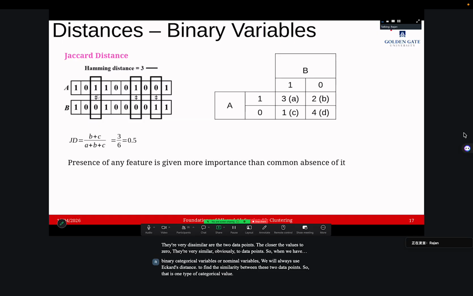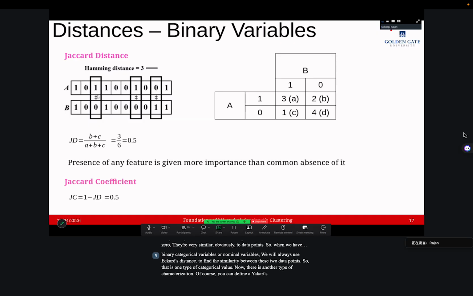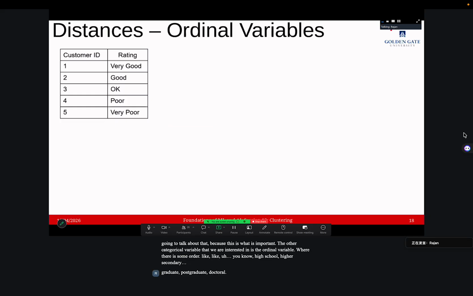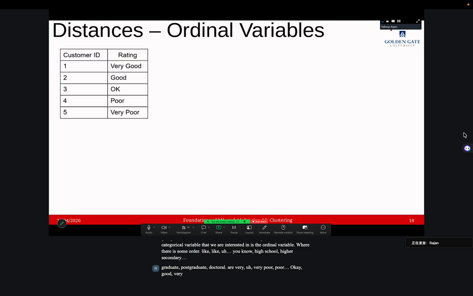Now there is another type of categorical variable. Of course, you can define Jaccard's coefficient. I'm not going to talk about that. Jaccard's distance is what is important. The other categorical variable that we are interested in is the ordinal variable, where there is some order, like high school, higher secondary, graduate, postgraduate, doctoral, or very very poor, poor, okay, good, very good.